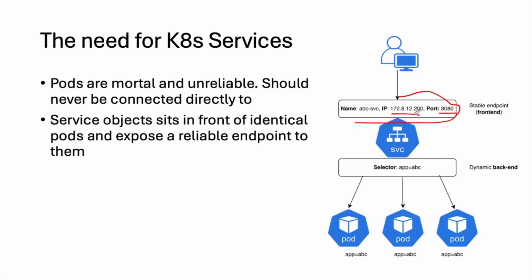And this doesn't change for the lifetime of the service. And then the clients are going to send requests to this endpoint. From there, the service will handle routing the traffic to the pods on which the specific application is running. And this routing is done using a label selector, which we are familiar with by now, and we are going to talk about it more in the next slide.